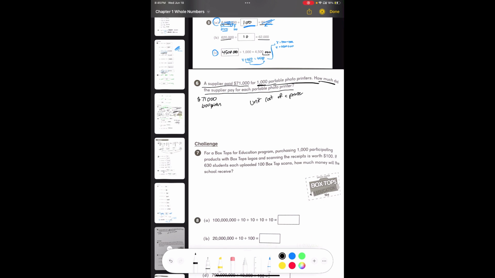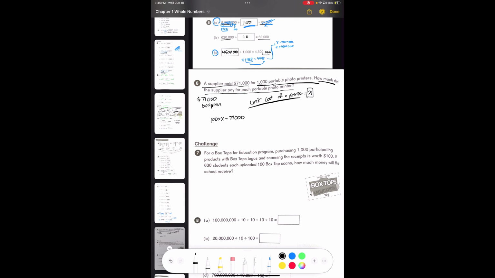Let's say the unit cost equals x, which is our variable for now. So we're going to have 1,000 of our variable x, so 1,000x equals 71,000.